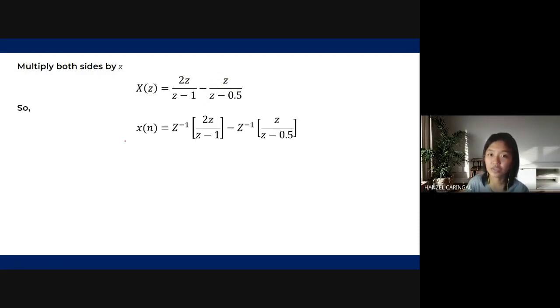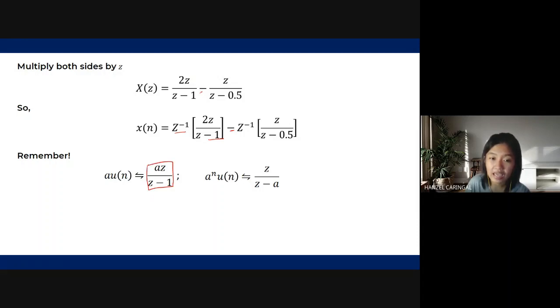So our inverse Z transform is x of n equals the inverse Z transform of the first term minus the inverse Z transform of the second term, which is z over z minus 0.5. Remember, in our Z transform table, for A z over z minus 1, its inverse Z transform is just equal to A u of n.